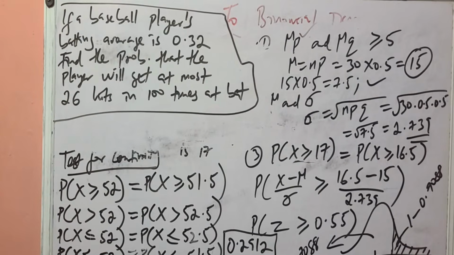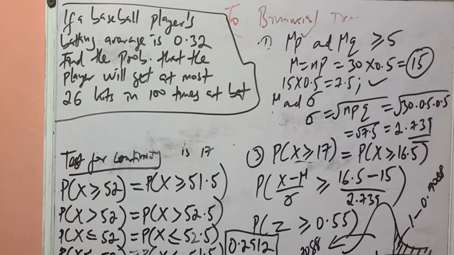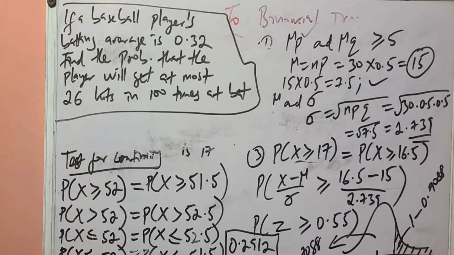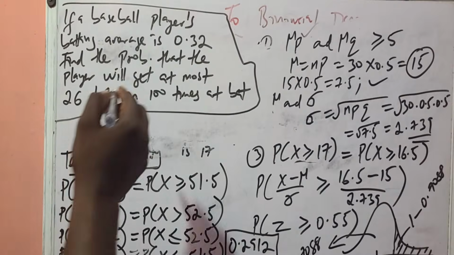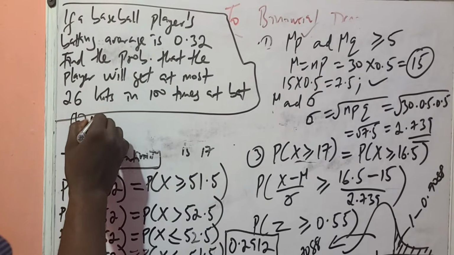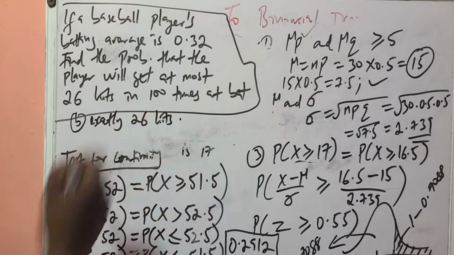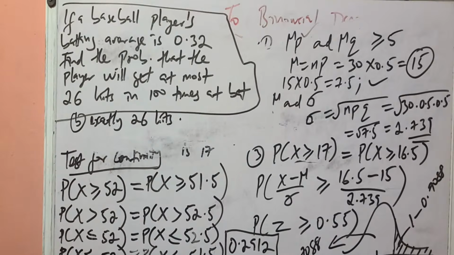If a baseball player's batting average is 0.32, find the probability that the player will get at most 26 hits in 100 times at bat. Then I want you to find the probability that the player will get exactly, question number B, exactly 26 hits. All right, so that's the question I would love you to solve to strengthen your knowledge on this.